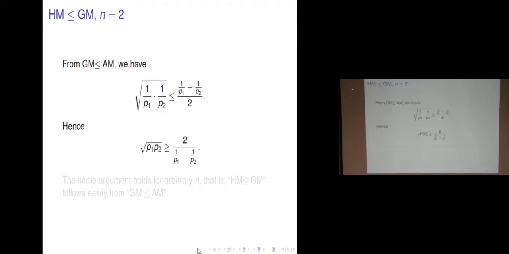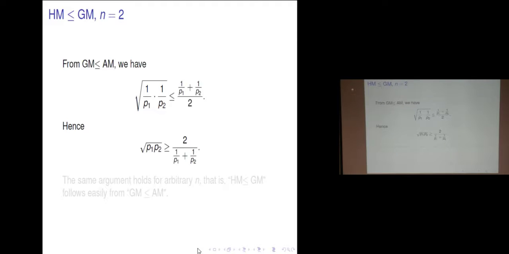However, if you flip them, you also flip the inequality. The left-hand side is less than or equal to the right-hand side, and when you take 1 over them, certainly the left-hand side becomes bigger. So if you flip them, you get the geometric mean on one side, but the other side becomes the harmonic mean.